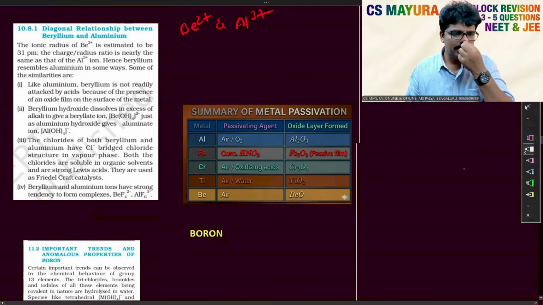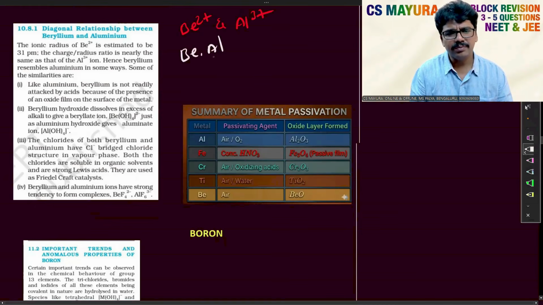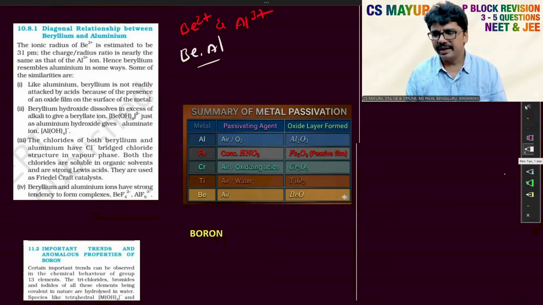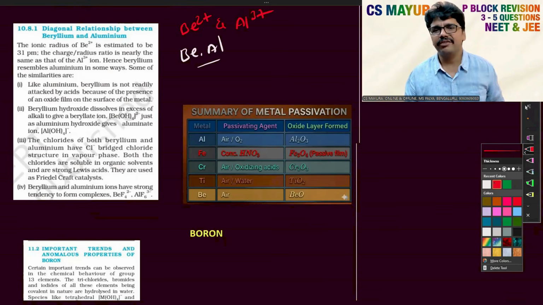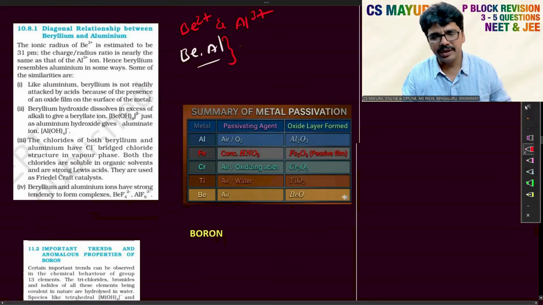Another property: both aluminum and beryllium are not readily attacked by acids, due to formation of an oxide film on the surface. So beryllium is not attacked by acids because it forms an oxide layer.